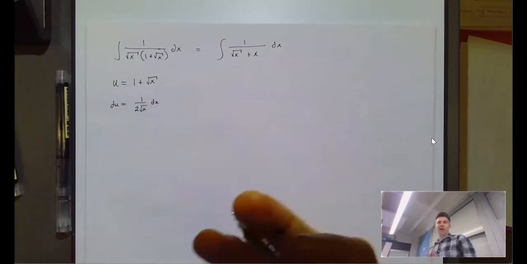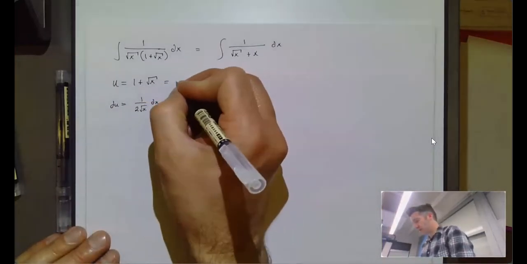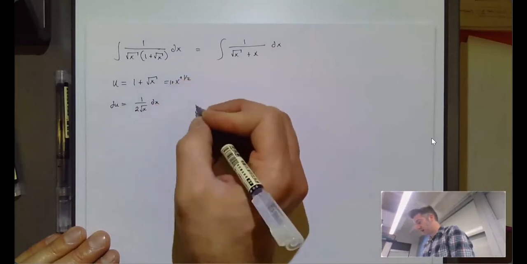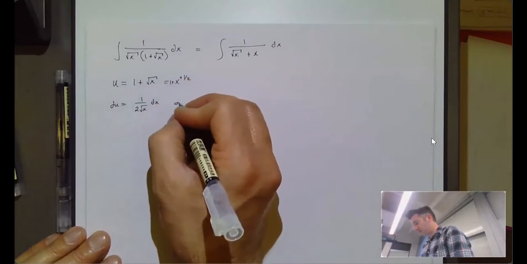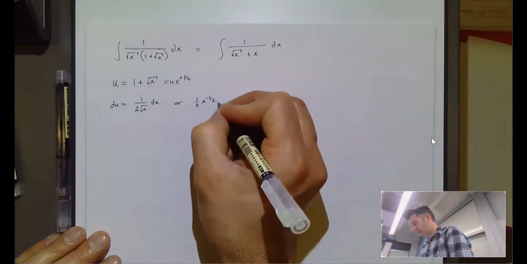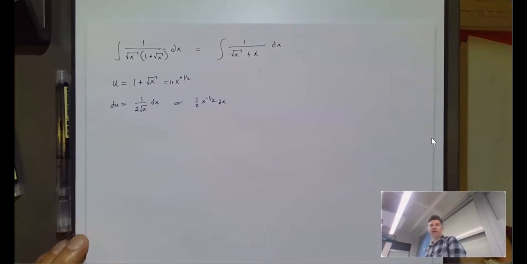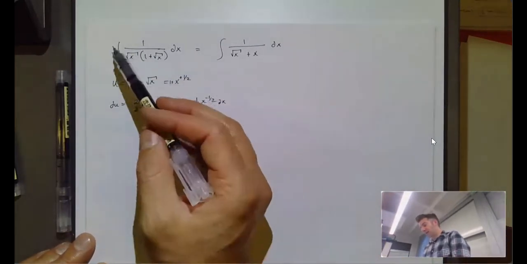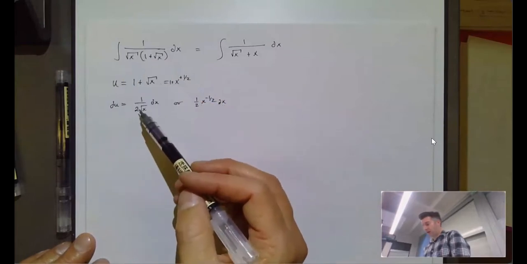Or you can write it as powers, right? This is x to the negative 1/2 plus x to the positive 1/2. And the derivative would be 1/2 x to the negative 1/2 dx. Either way is fine. So looking at this, I see in my integral I've essentially got what I need. I have a 1 over root x.